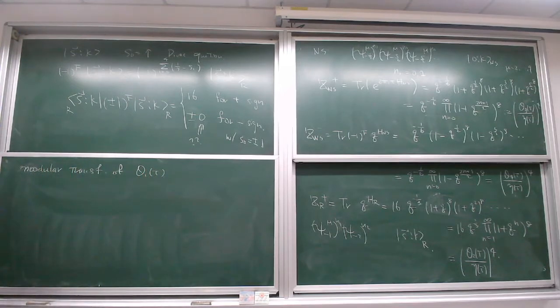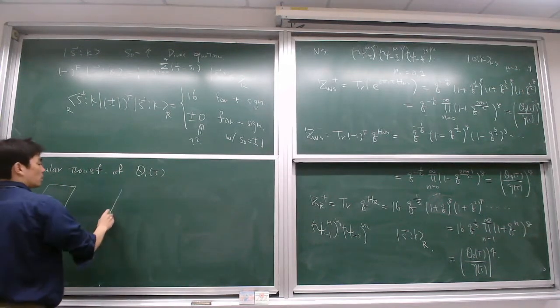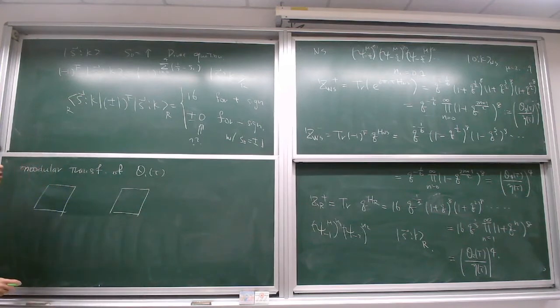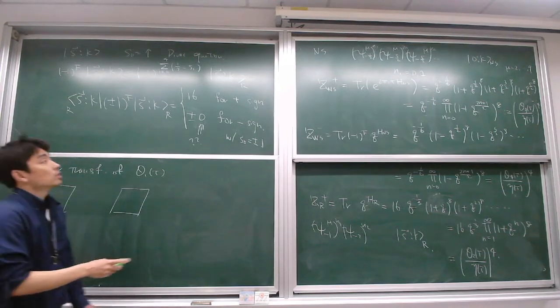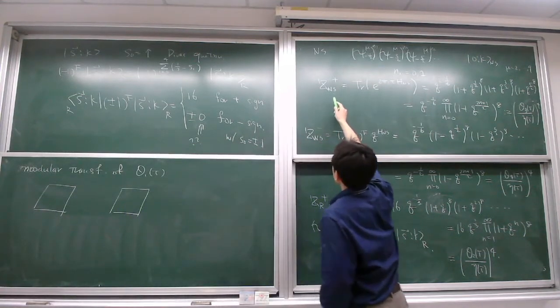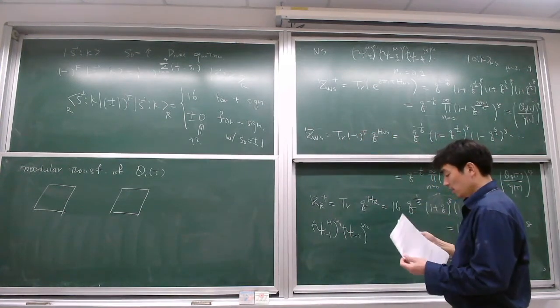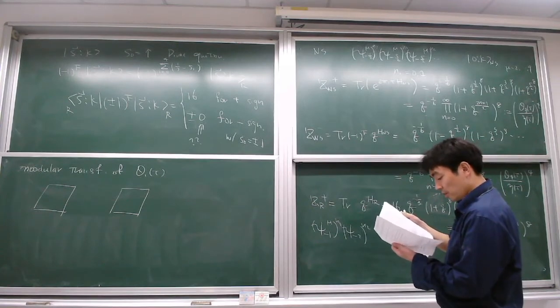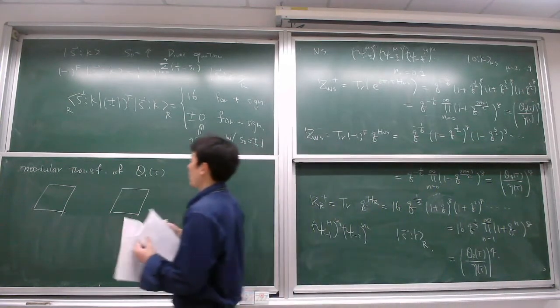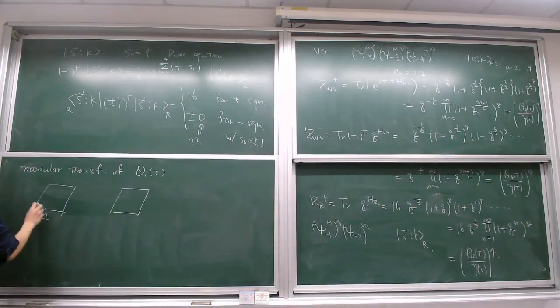As we have seen, NS, theta 3 corresponds to anti-periodic. Okay, so this is the Z in NS plus.